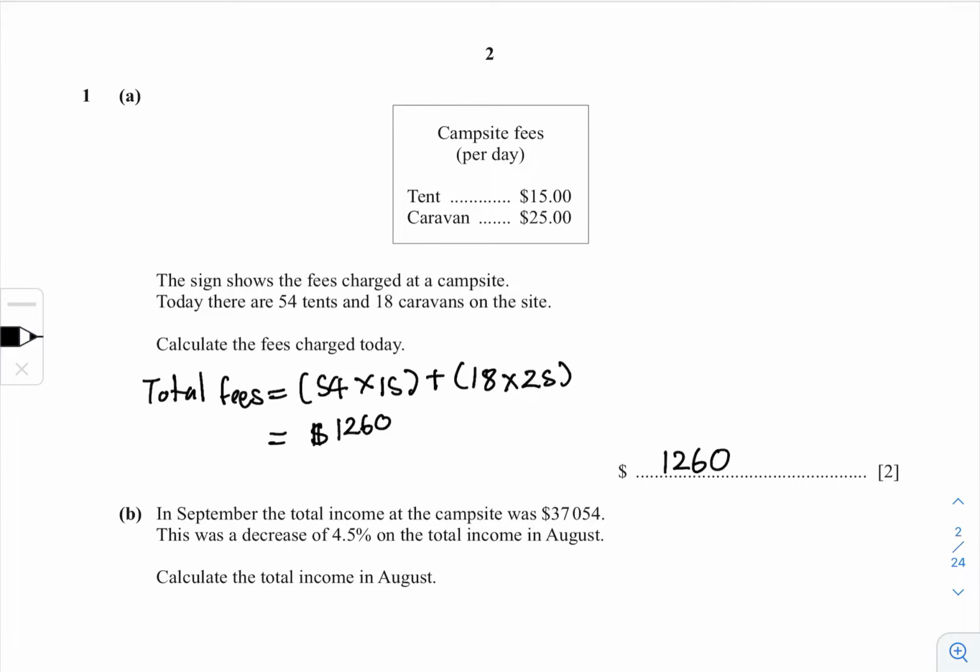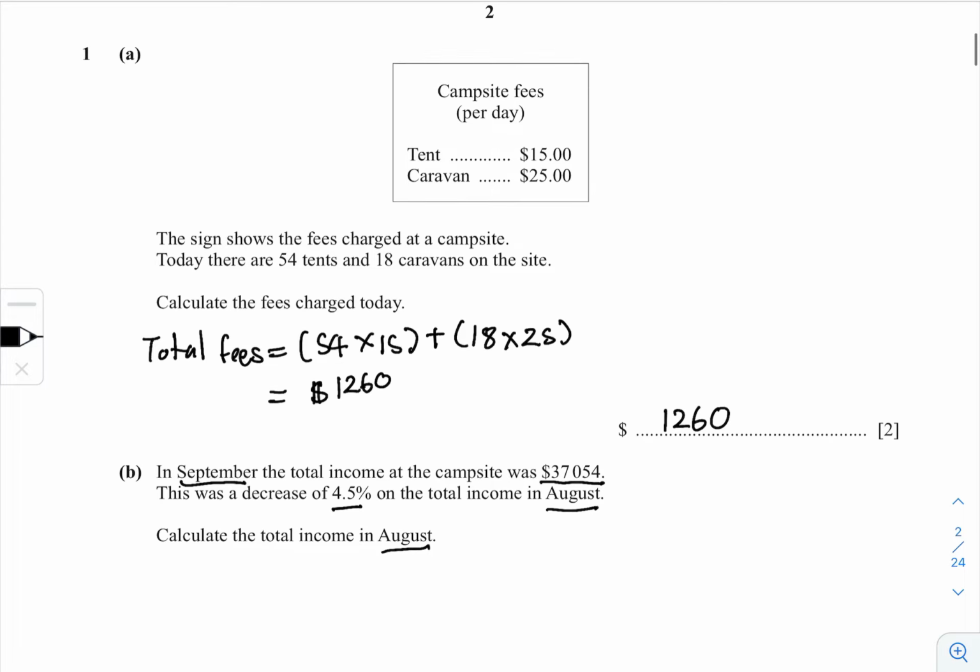Now let's look at question 1B. In September, the total income of the campsite was $37054. This was a decrease of 4.5% on the total income in August. Calculate the total income in August.